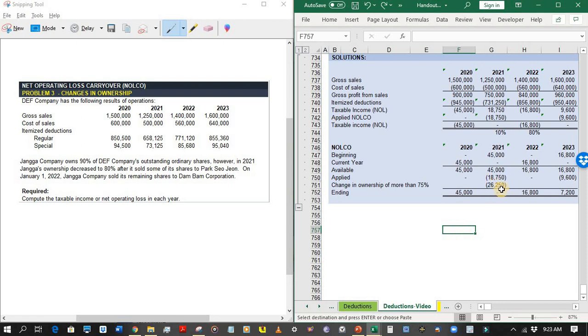That is why the 26,250, which was incurred prior to the 80% change, is expired in full in 2021. However, the 16,800 NOLCO that was incurred after the 80% change is still allowed to be deducted from the taxable income 3 years after 2022. So these are our discussion on net operating loss carryover.